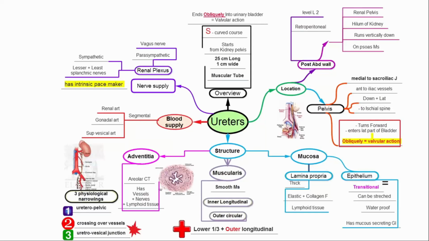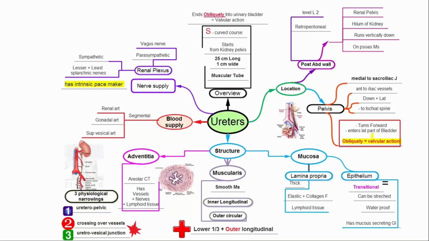Now, of course, the mucosa is transitional because it is waterproof, no absorption occurs through it. And let's go to the muscles of the wall of the ureter, and we can see that it is smooth muscle, but we should take care that in the ureter it is inner longitudinal and outer circular, the opposite arrangement from that of the intestine.